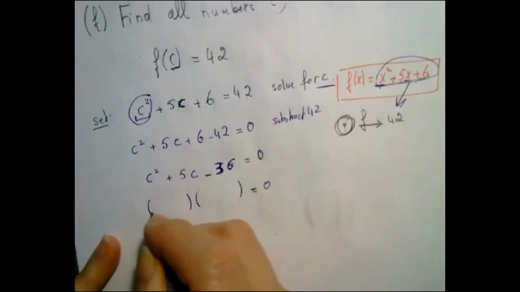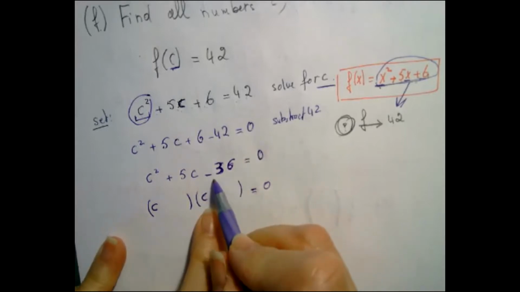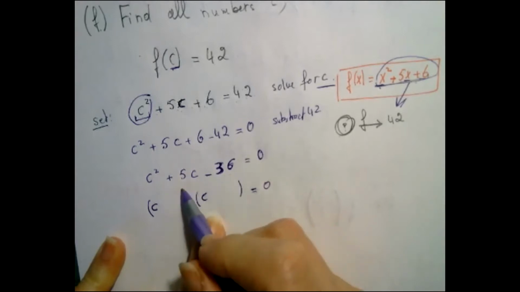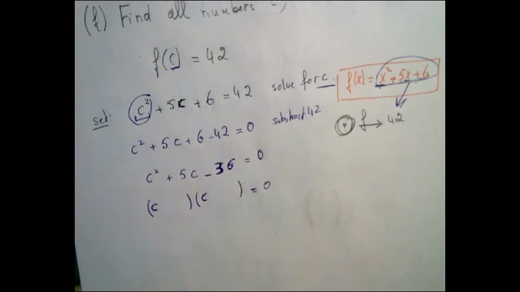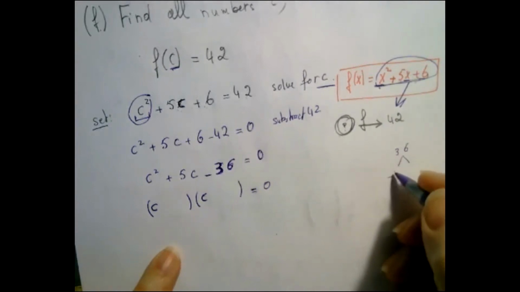Now let us factor. That's a c and that's a c. So I'm going to look for two numbers. When you multiply them, you get minus 36, and when you add them, you get 5. What are those numbers? Anybody can help? I got -4 and +9.